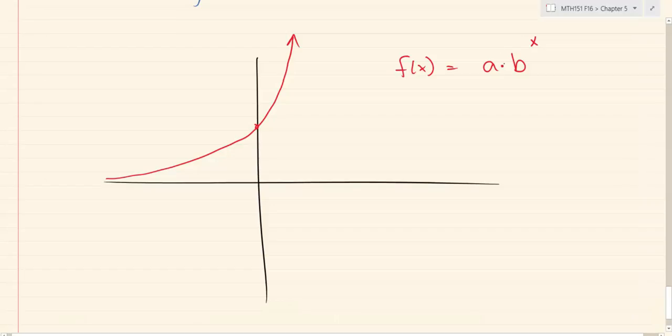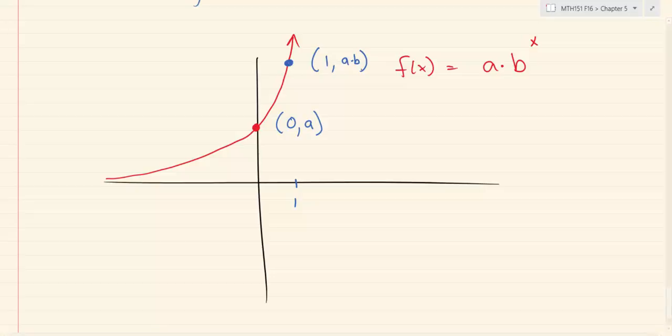If you put a 0 here, this point will always be 0, a, whatever that initial value is. If we put a 1 here, this value will always be 1, ab, because b to the first is itself, and b times a is ab. So these are 2 points that you'll always be able to plot.